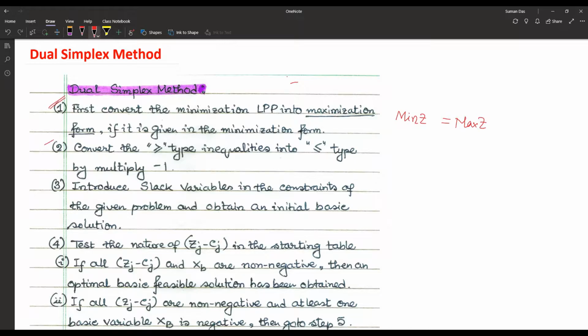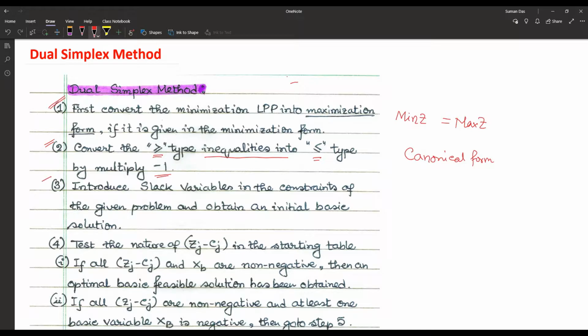Now the second step, convert the greater than equal to type inequalities into less than equal to. That means it has to be in the canonical form, and we can do it simply by multiplying by -1.